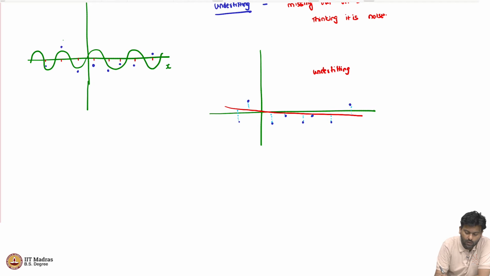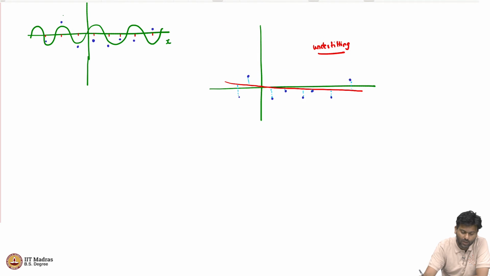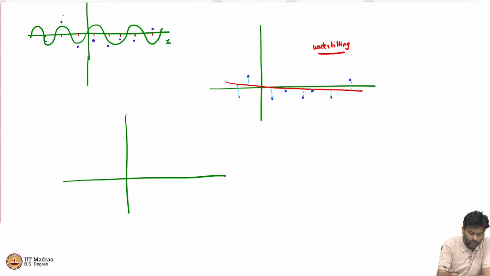Similarly, for a classification problem, if you are imagining a linear model, whereas the actual label y is decided based on, let's say, a quadratic or a cubic model, then underfitting happens. On the other hand, I can imagine for the same data set a very complicated regressor.